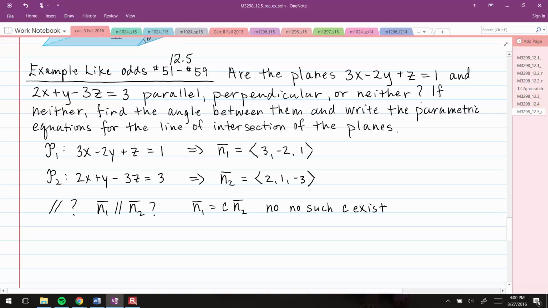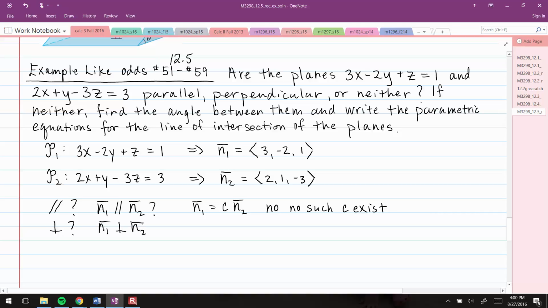Okay, they're not parallel. What about perpendicular? To determine if the two planes are perpendicular, again continuing with this theme, are the normal vectors to those two planes perpendicular? I'm not going to go into the rationale here. That was explored with a figure on the handout.